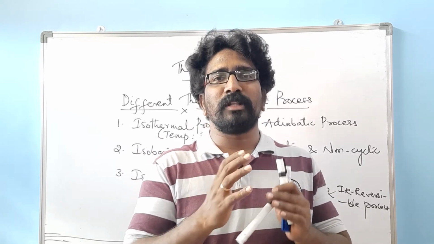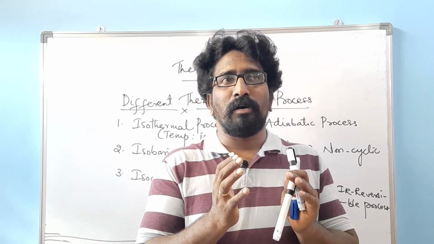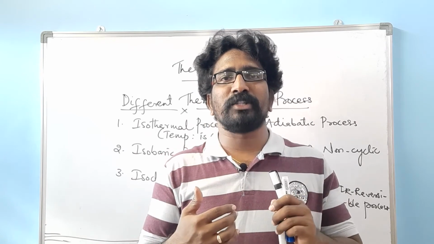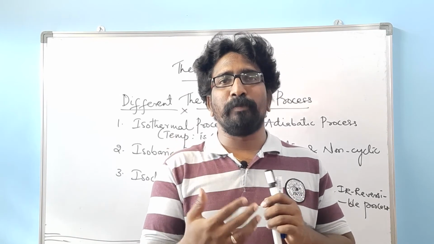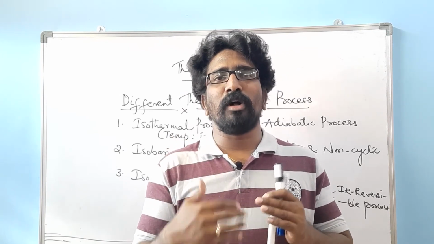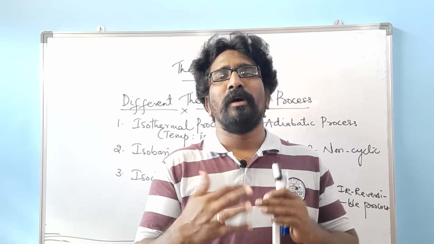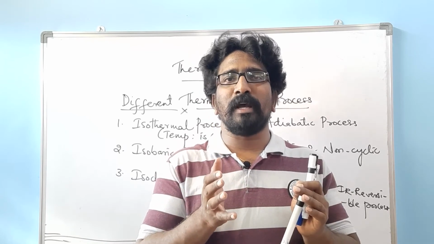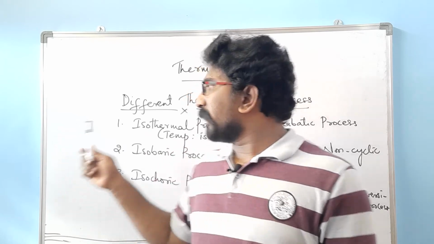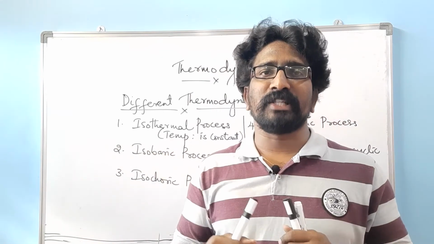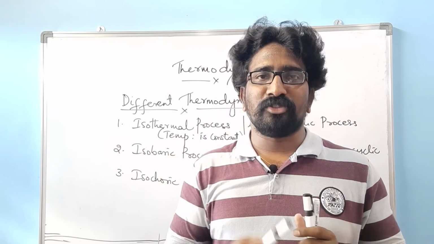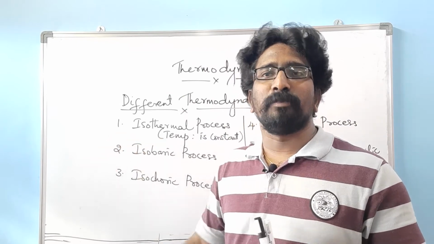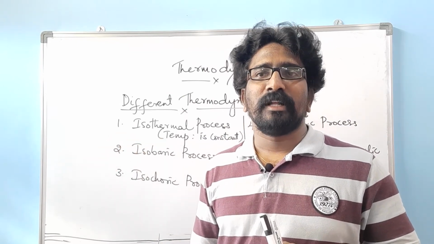Other parameters like pressure, volume, internal energy, entropy, and number of moles, all these different thermodynamic variables might change or be affected at constant temperature whenever the change in state is happening. But one condition: in the change in state the temperature is going to be constant.